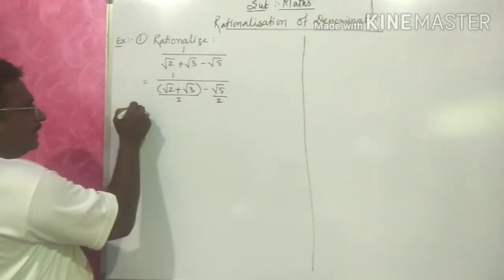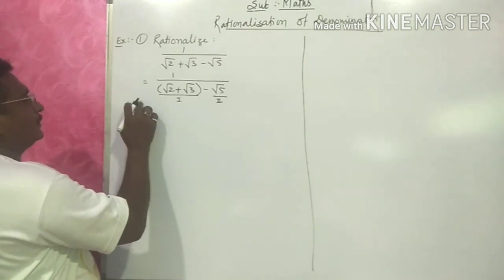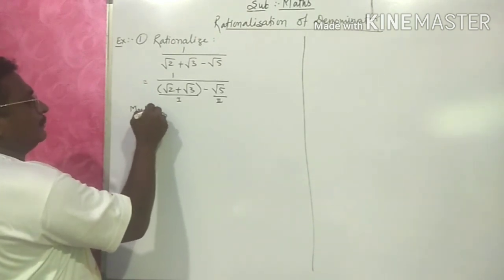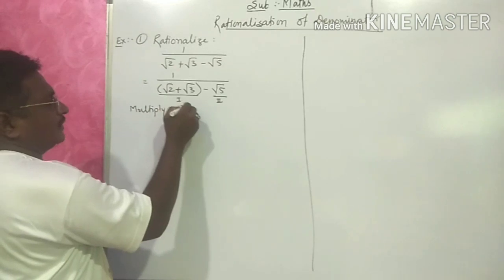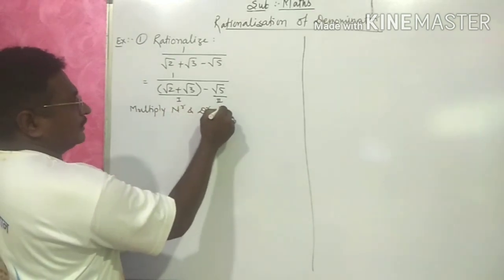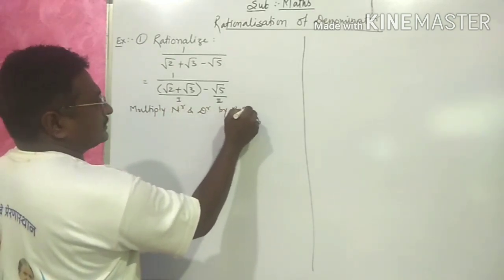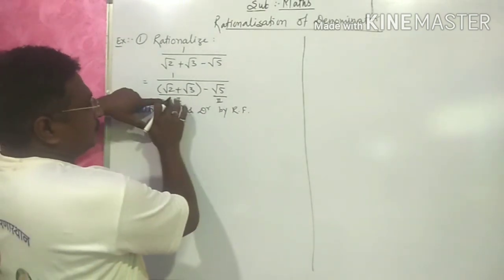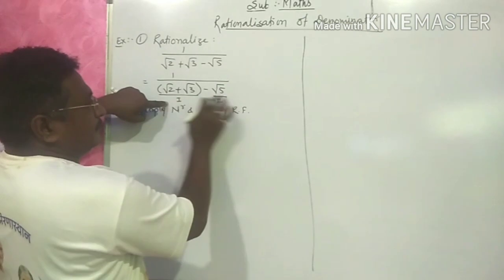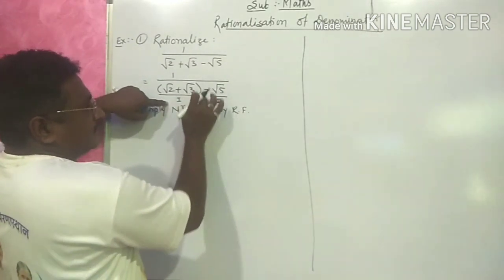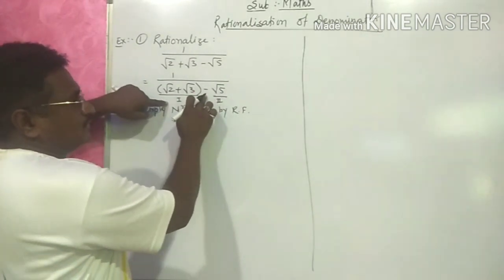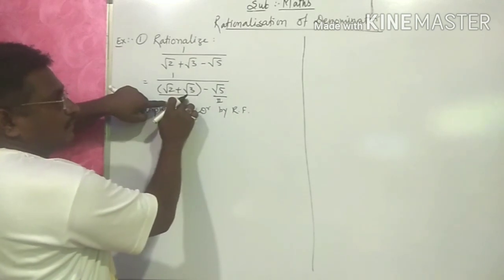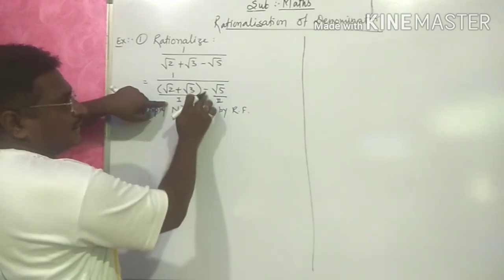Now multiply numerator and denominator by the rationalizing factor. What is the rationalizing factor? Between the first and second term, whatever sign is there, that sign only will change. So here the sign will not change. Where will the sign change? Here.